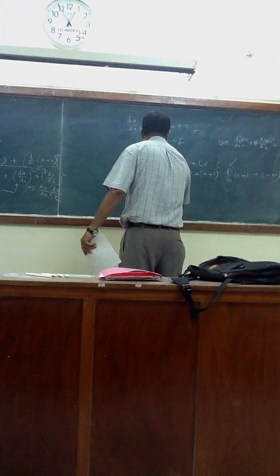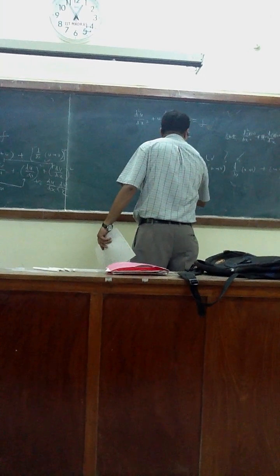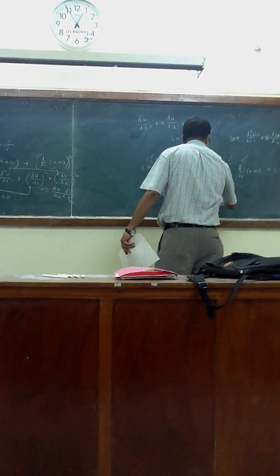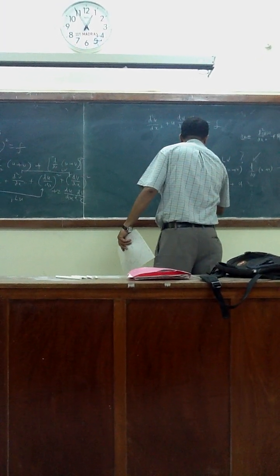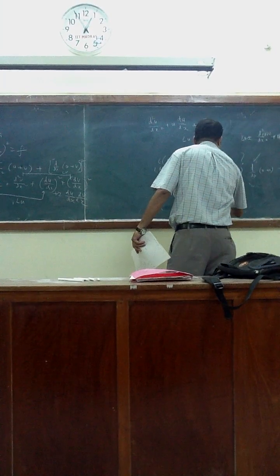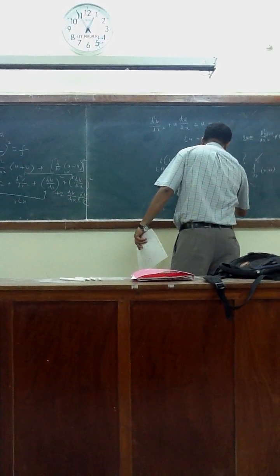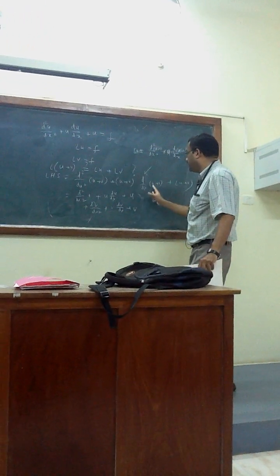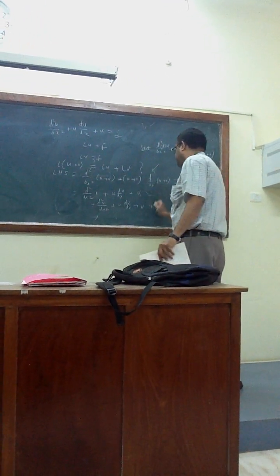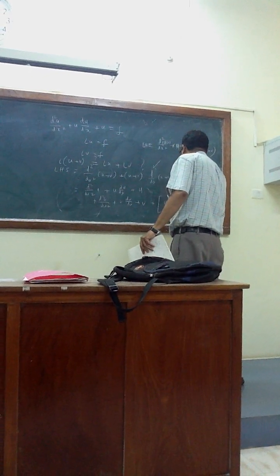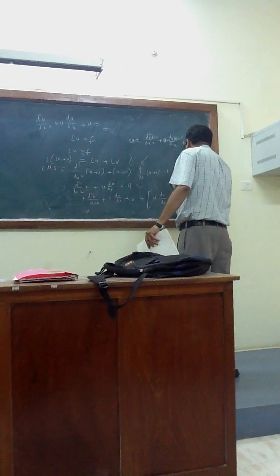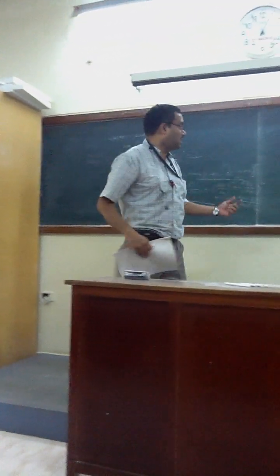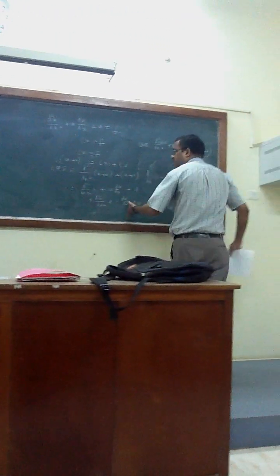Now it is very straightforward. d2 dx square u plus, here it is coming u d dx of u plus u. Then you have d2v dx square plus you have v dv dx term plus v. Now extra terms are coming. What is that? U dv dx plus v du dx. U dv dx plus v du dx, which is extra. So that means the operator is non-linear.